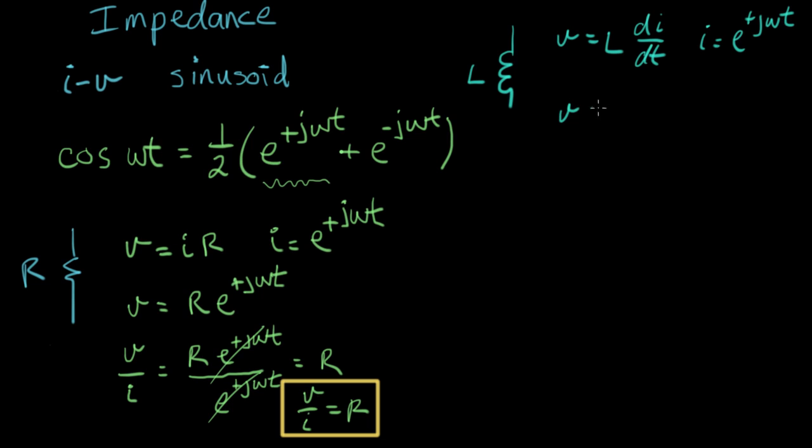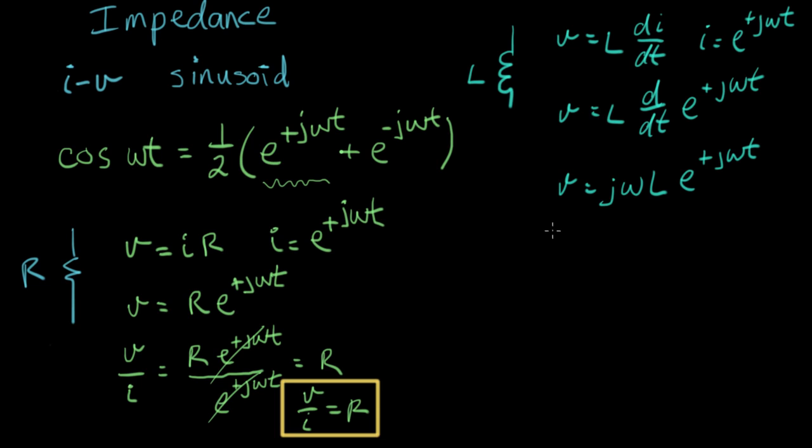V equals L times d/dt of e to the plus j omega t. Now we take the derivative, and the j omega term comes down to multiply L. So we get j omega L times the same thing, e to the plus j omega t. This is the beautiful thing about exponentials. They give us back themselves.